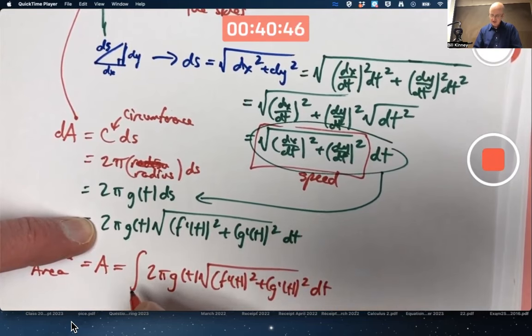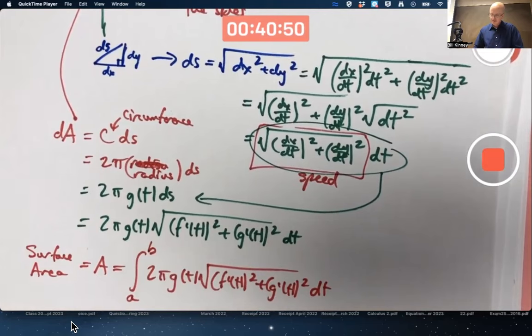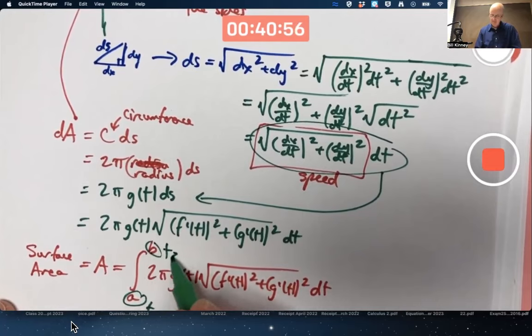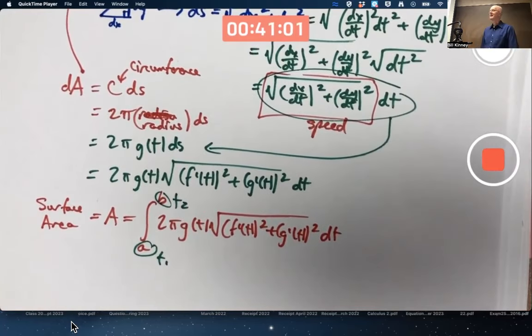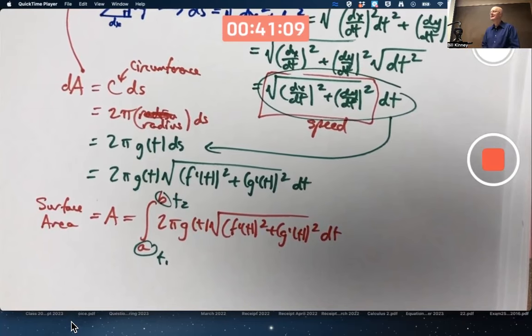If you use my notation for the limits of integration, a and b, you'd go from a to b. The textbook would use t1 and t2. There's your amazing formula for the surface area around the sides of this solid of rotation, found by taking a parametric curve and rotating it around the x-axis.